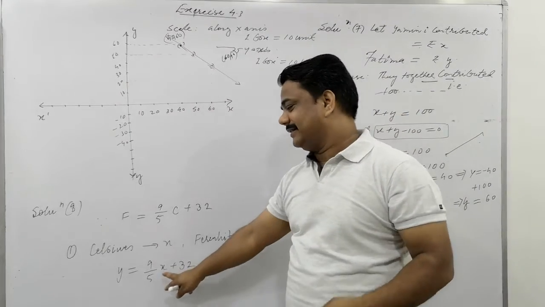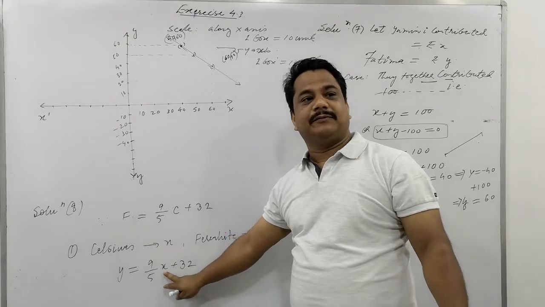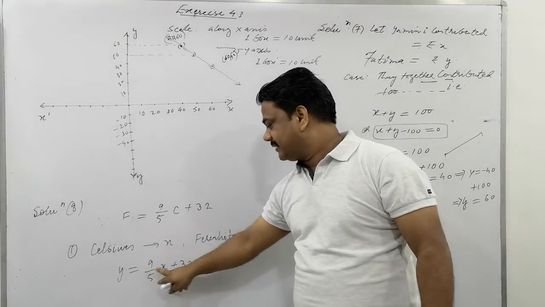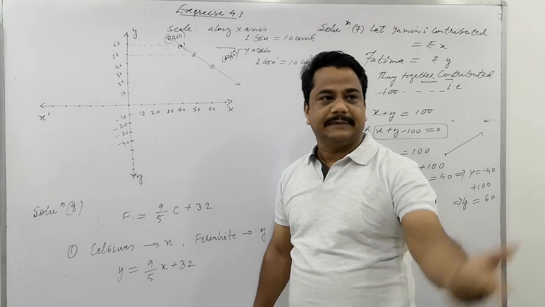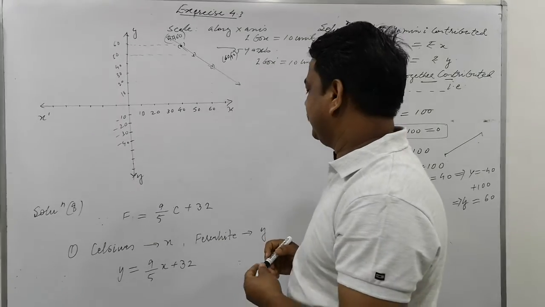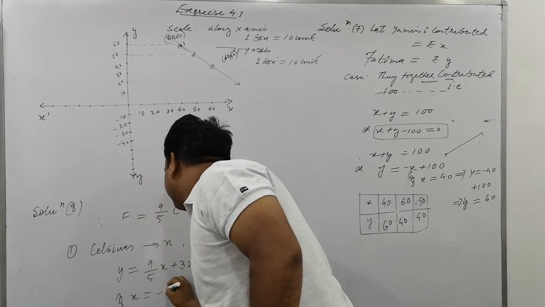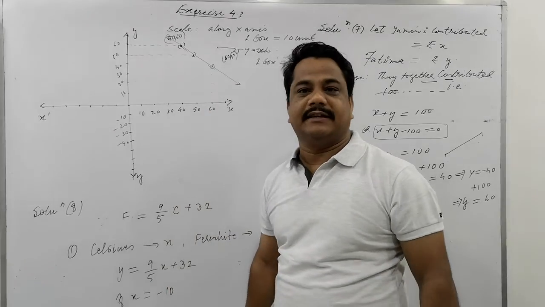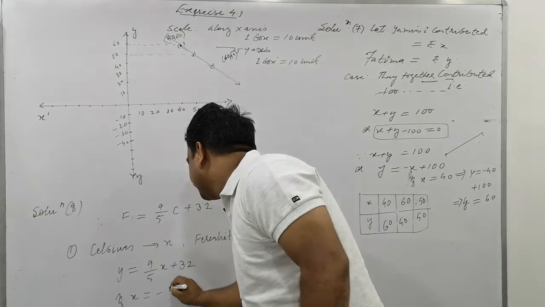So in place of x we put minus 5. So 5 cancels. Minus 9 plus 32, what will come? Start writing this please. We can also start from minus 10, but you will start from minus 5.